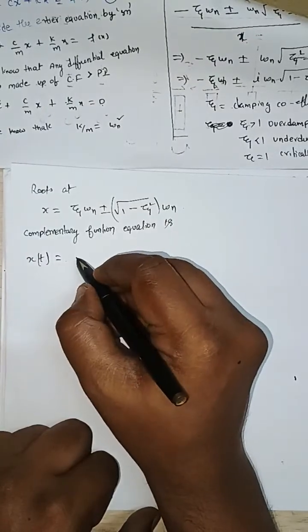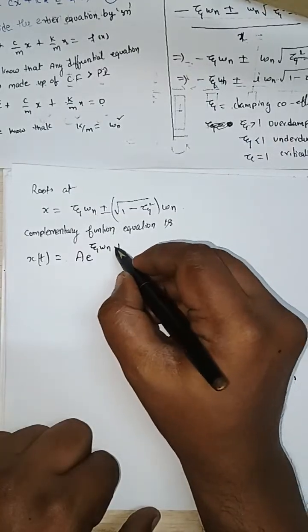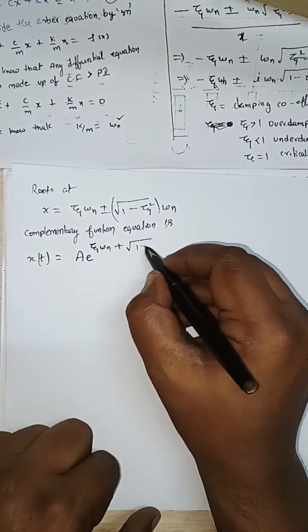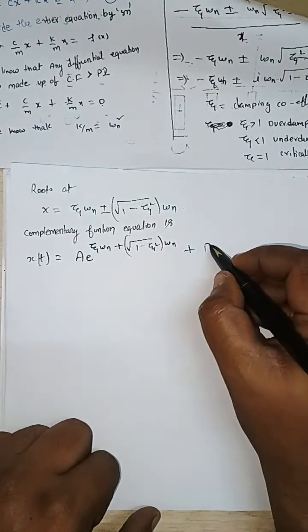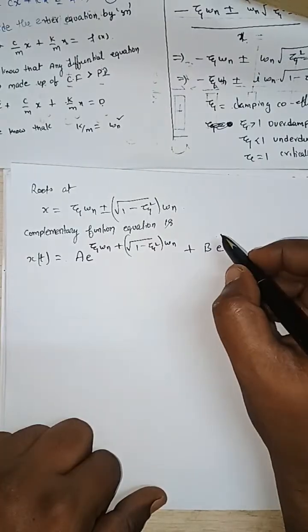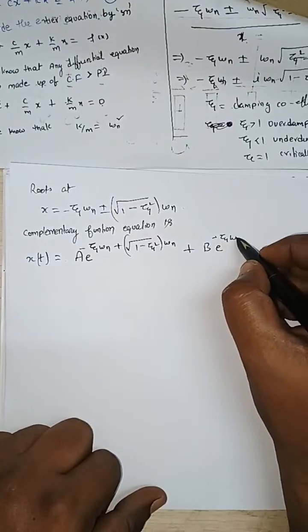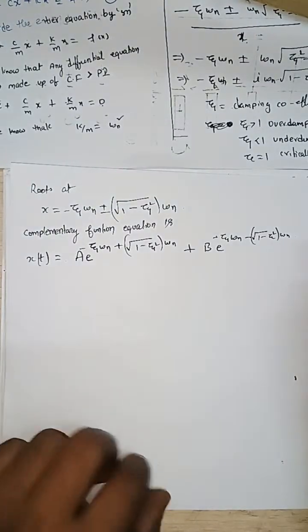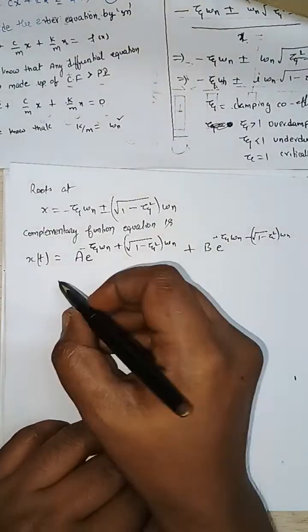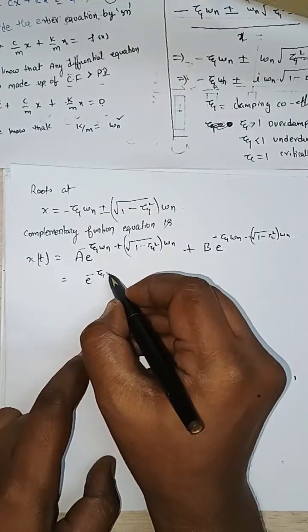We have to write A into e power zeta omega n plus square root of 1 minus zeta square omega n t, plus B into e power minus zeta omega n minus square root of 1 minus zeta square omega n t. This simply boils down to e power minus zeta omega n t.